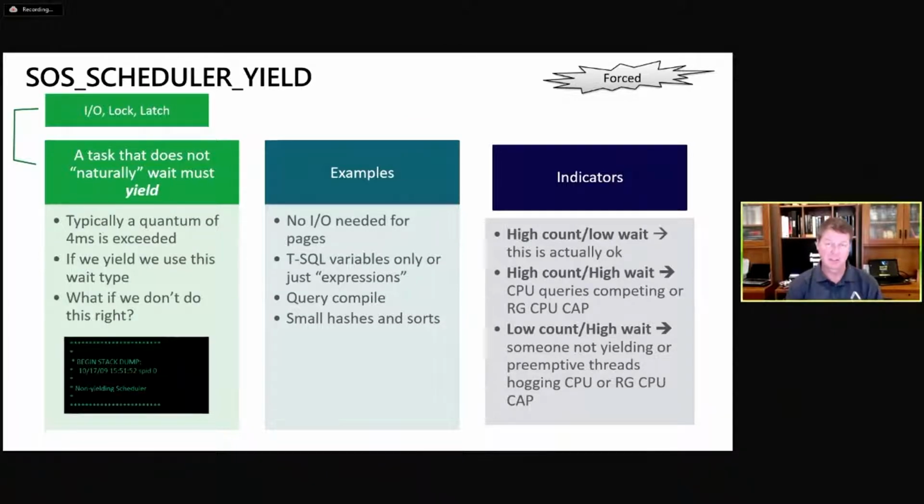That could result in some of these scenarios because it's chewing up a lot of CPU resources. And then a resource governor CPU cap could also result in this, but most of the time I've seen that result in the second scenario. So SOS_SCHEDULER_YIELD is not a bad thing, but if it shows up with a lot of waiting, it could be an indication, typically, of lack of CPU resources or inefficient CPU queries.